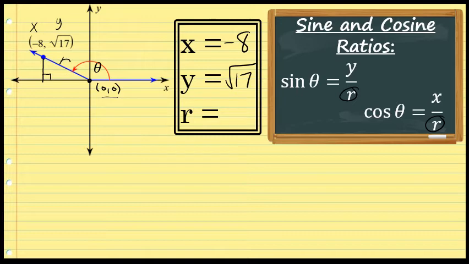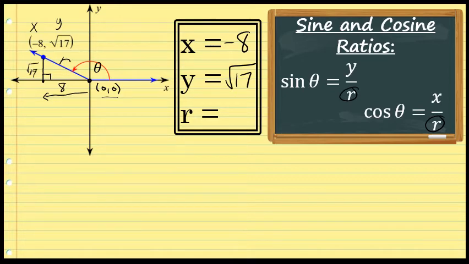In this right triangle, the hypotenuse is the value of r. The bottom of the right triangle, the distance from the origin to the left to the vertex of the right angle, is 8 units. And from the vertex of the right angle up to the point on the terminal side of the angle is the square root of 17.